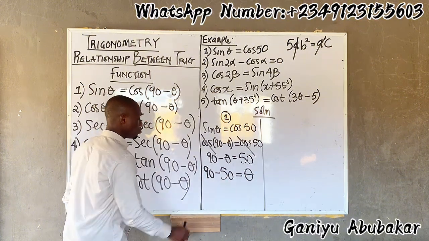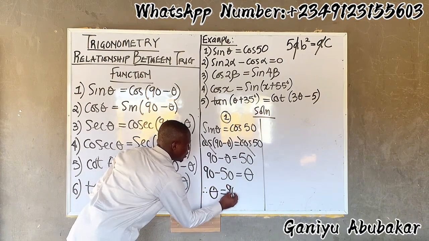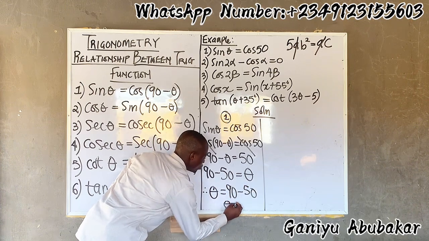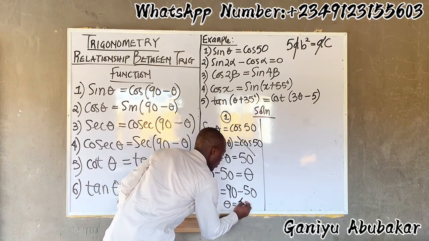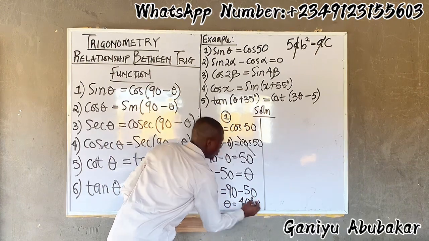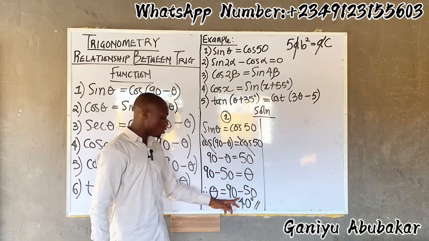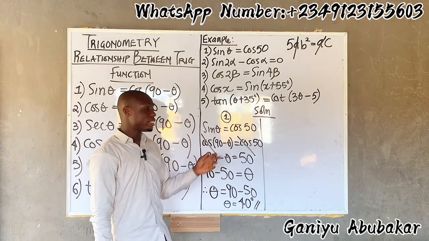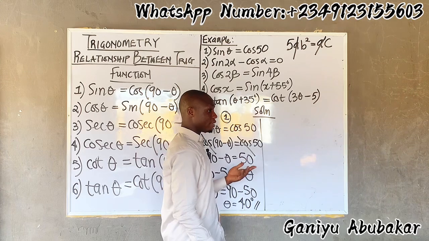So therefore, theta should be equal to 90 minus 50, and that's 40. So theta there is 40 degrees. So using case 1, I have theta to be 40 degrees. Let's take the same example, and use case 2, and we'll still get the same answer.